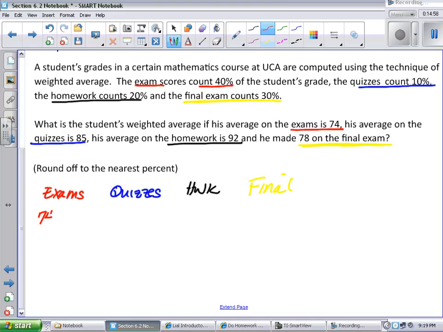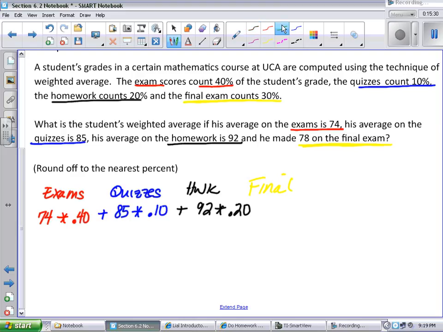So 74 is the number and we're going to multiply that by 40% or 0.40, plus his quiz average is 85 times the associated percent, 10% or 0.10, plus homework, 92 on the homework times 20% or 0.20, plus the final exam.